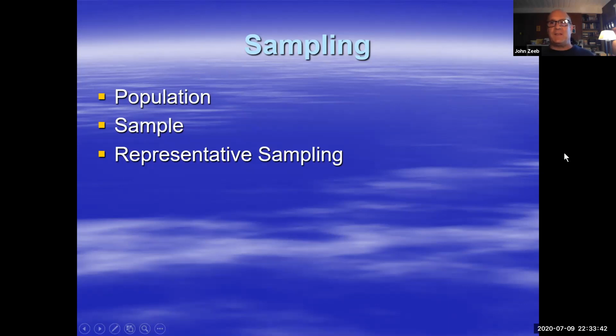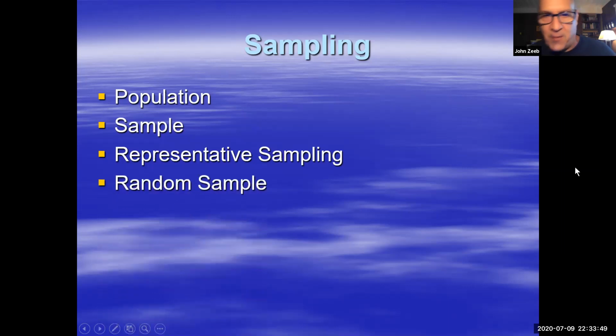One of the easiest ways to do this, and another strategy we could use with sampling, is something called a random sample. So you may have heard of this, like in the news or something. This researcher performed a random sample of the population. So what in the world does that mean? A random sample is just kind of what it sounds like. Basically, it's using the laws of probability to determine who our subjects are in the study.